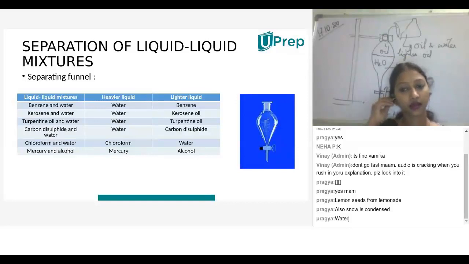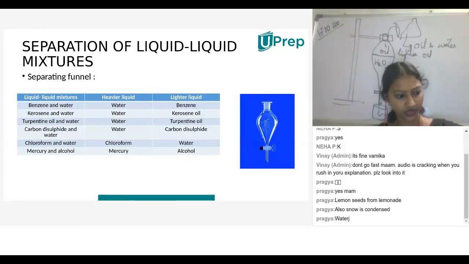Ma'am, I want to ask, when we are shaking and keep it for a while, we will observe two layers, right? Yes, dear. One will be water and one will be oil, right?